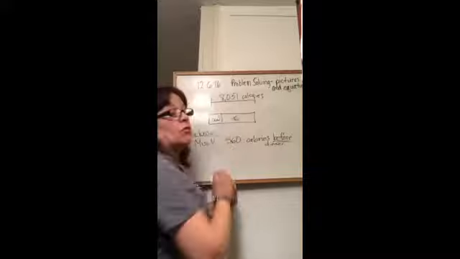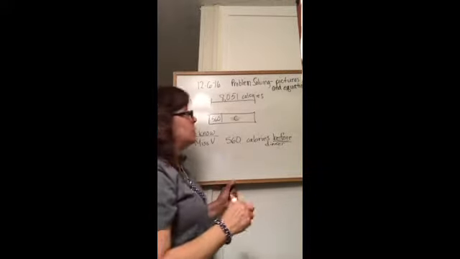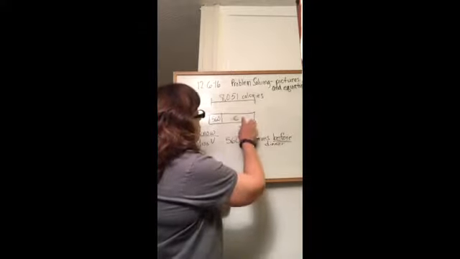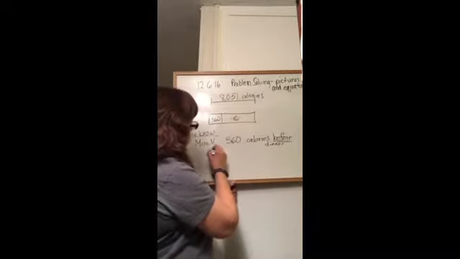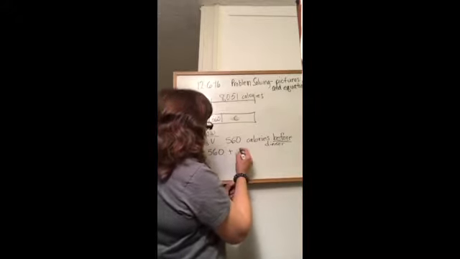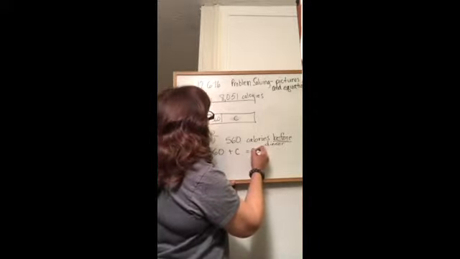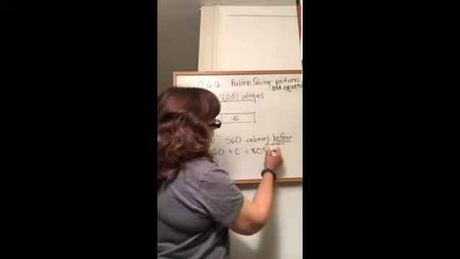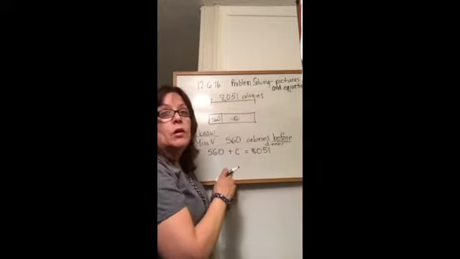We know I ate 560 before dinner. How many did I have through dinner and dessert? This is the unknown. We have to solve for that. So we've got 560 plus some unknown amount, C, equals 8,051 calories.